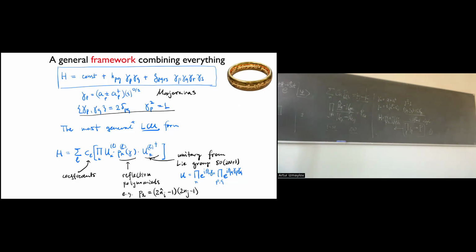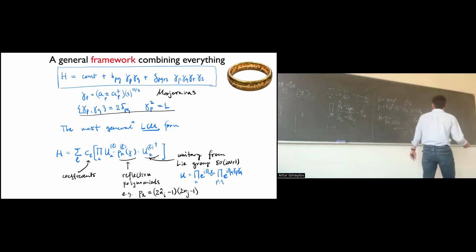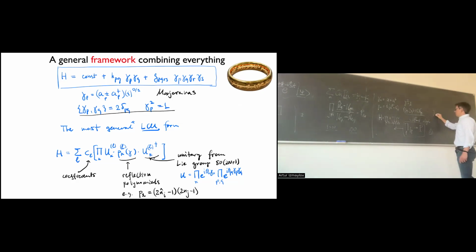So another interesting feature of these Majoranas is that they not only form a Clifford algebra, but as we know about Clifford algebras, if the Majoranas are generators of the Clifford algebra, then if you combine this with the quadratic terms, this will be a Lie algebra.